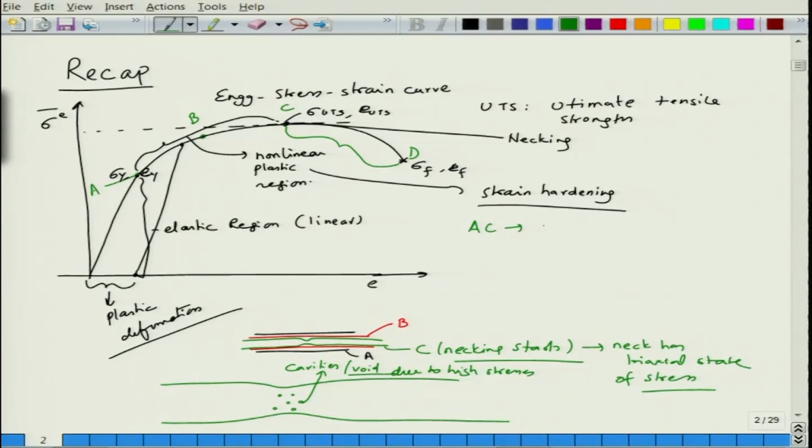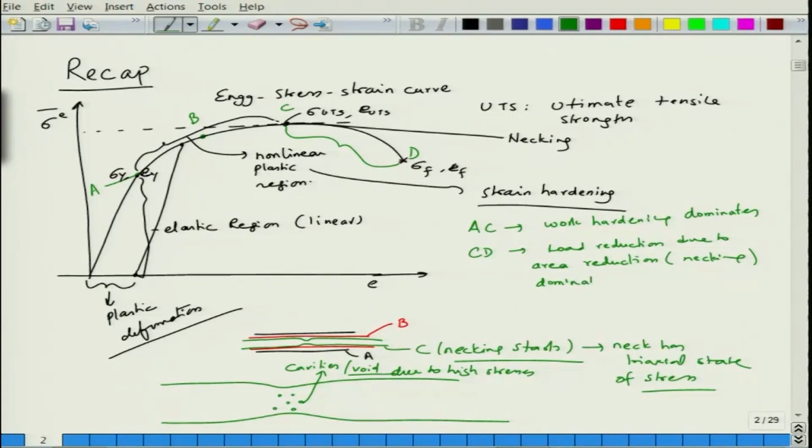So, in AC the work hardening dominates, and in CD the load reduction due to area reduction, which is mainly determined by necking, dominates.